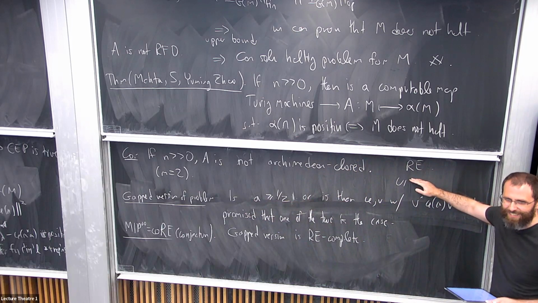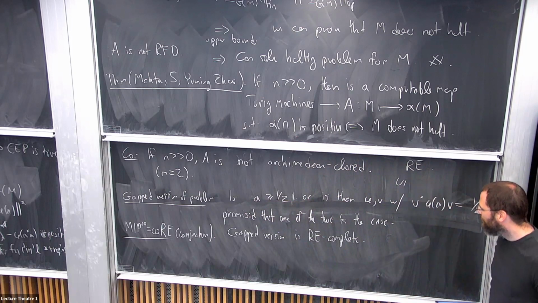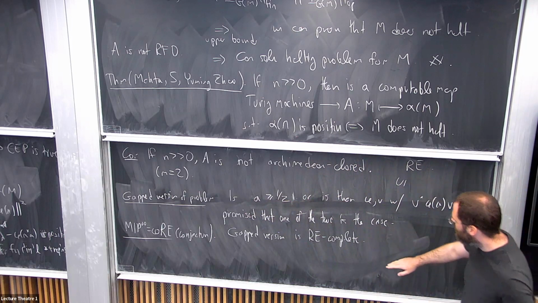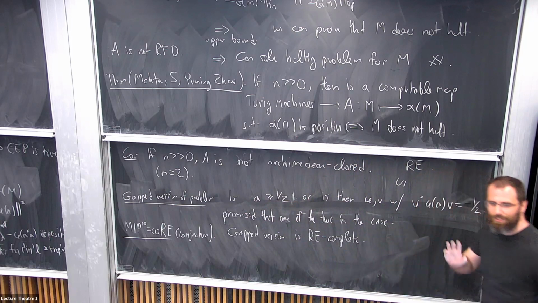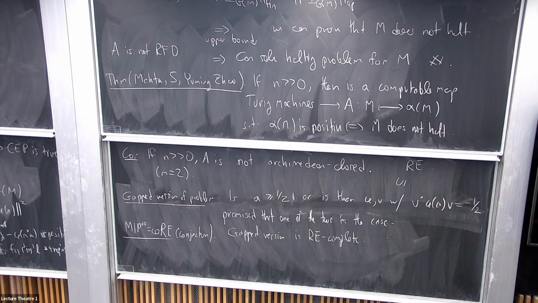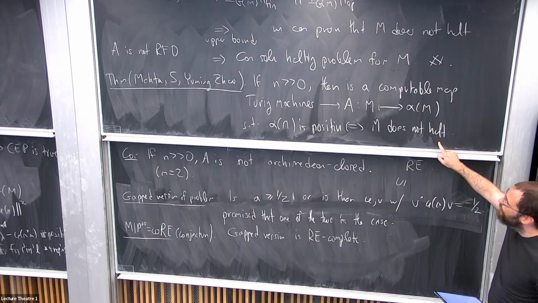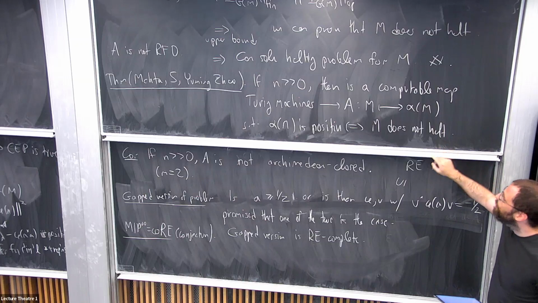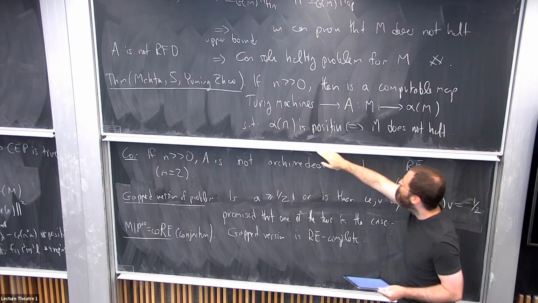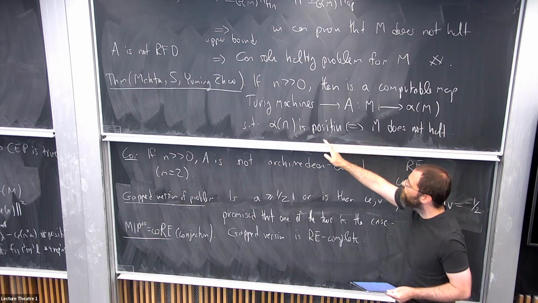And then what the MIP_co equals co-RE conjecture says is that it's also as hard as the halting problem. So that tells you this is kind of complementary. It's a lot easier to prove things without a gap, because in the halting case, you need it to be not positive.